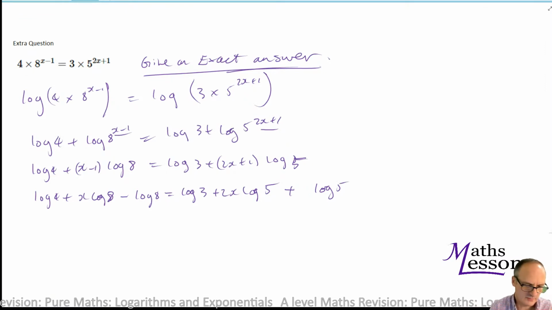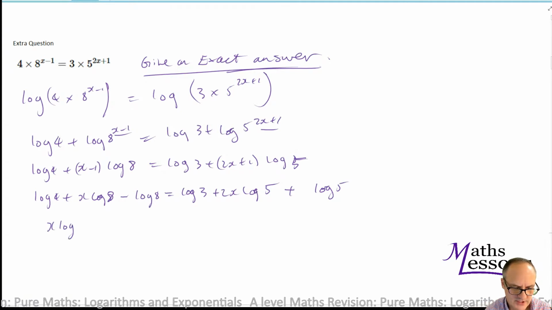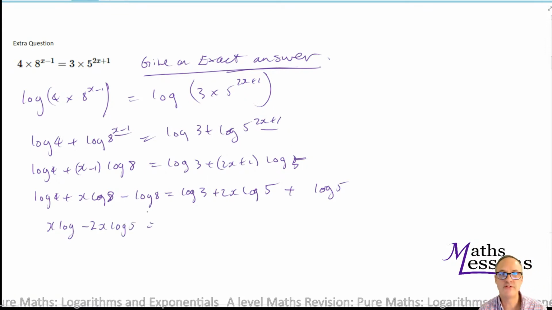Okay, so we get all the x's together and all the other values together. So we've got x log 8, and then we take away the 2x log 5, and then we put all the other numbers on the other side.